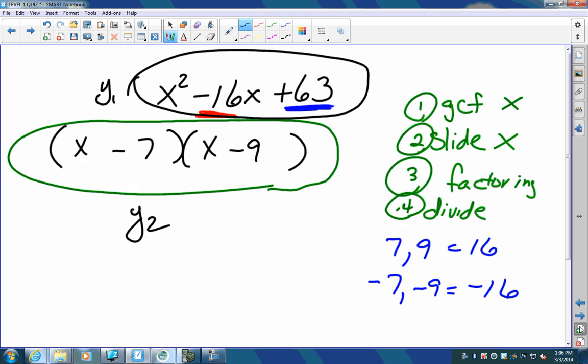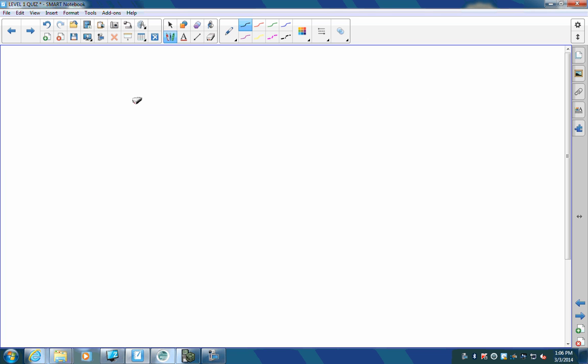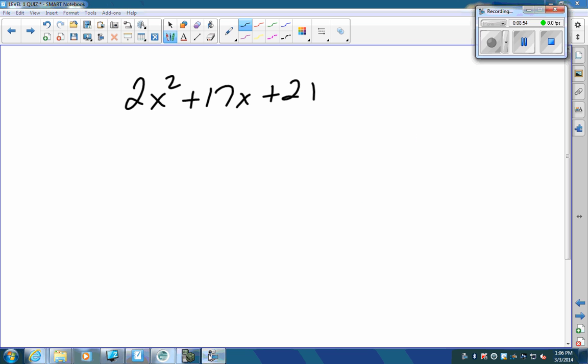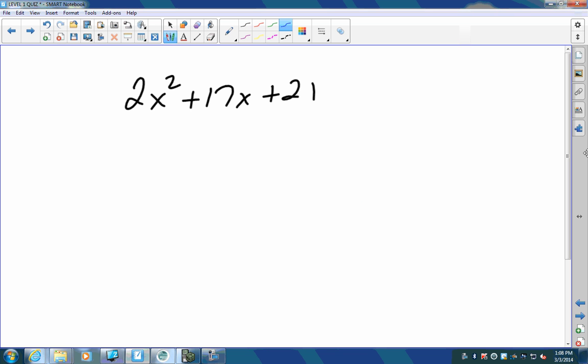Okay, let's try this one. Ready? 2x squared plus 17x plus 21. Try this now. Here we go. Step 1 is GCF. Look at my smallest number, 2.